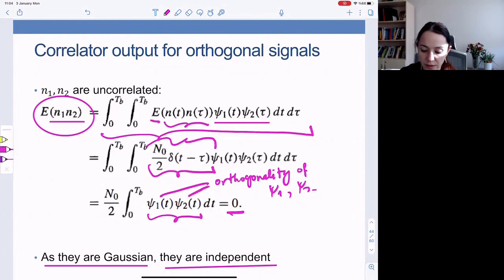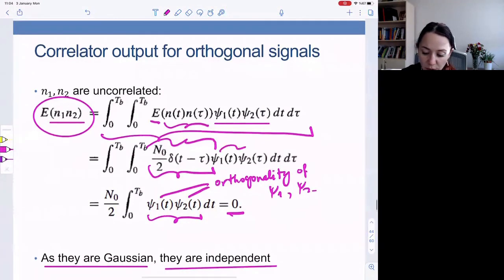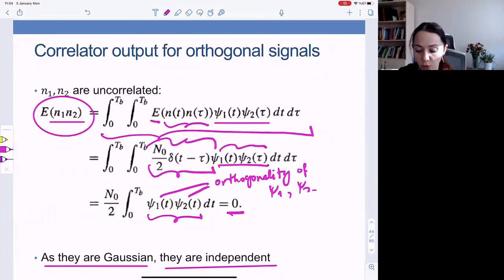Even in that case, if phi1 and phi2 were not orthogonal, we would have N1 and N2 being correlated. However, as phi1 and phi2 are orthogonal, the correlator result is 0. So N1 and N2 are uncorrelated. Because they're Gaussian, they're also independent.